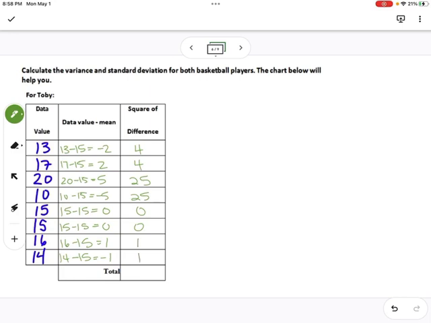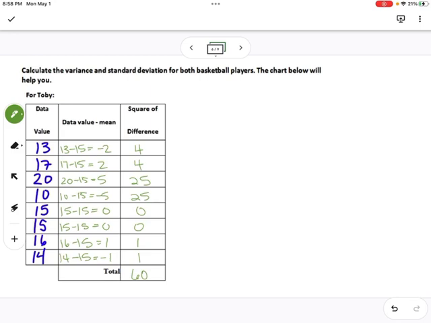Negative 1 squared is 1. And now we need to add up all of the square of the differences. So 4 plus 4 plus 25 plus 25 plus 0 plus 0 plus 1 gives us a total of 60.